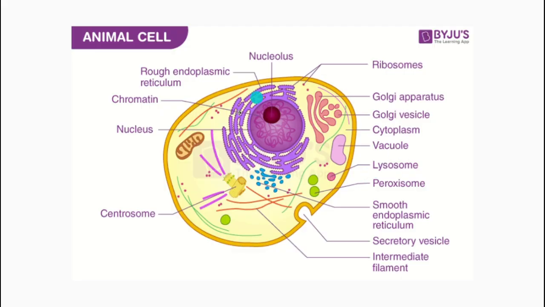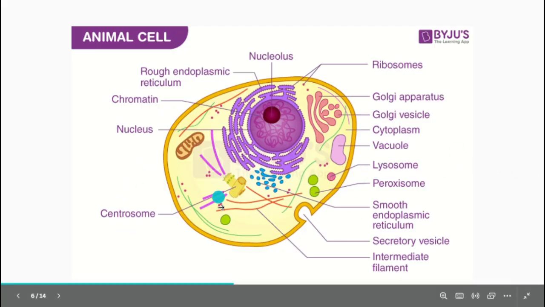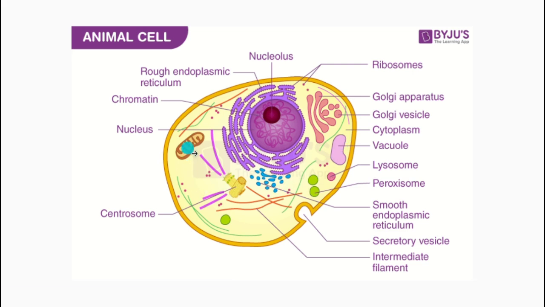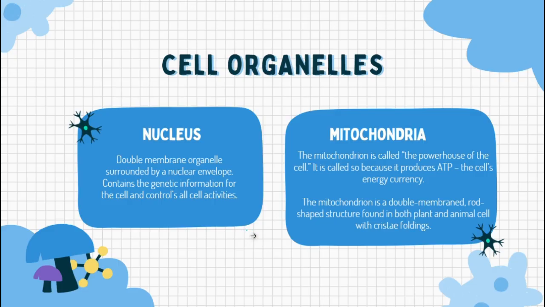So in this diagram we will not find a chloroplast, but there's an interesting story behind, well, it's a theory behind the mitochondria and the chloroplast, and basically it's the endosymbiotic theory, or am I pronouncing it properly?